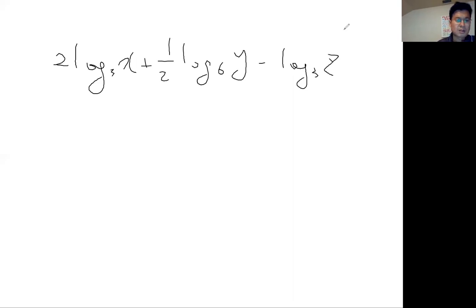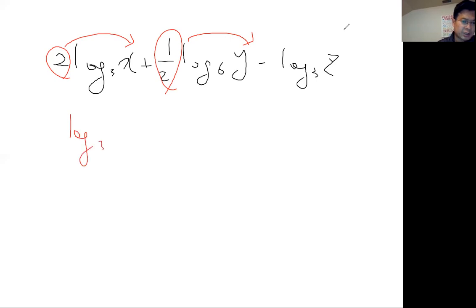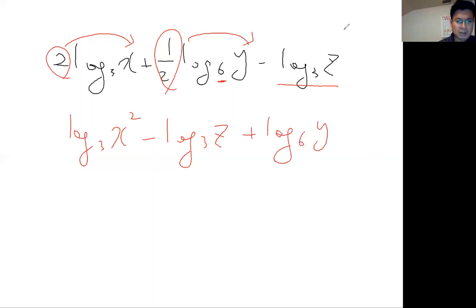So the first thing you can do is put this one up first, so that we can have all the same log. So log base 6 of 3x squared. Let's just put this one right after this to make it easier. And then log base 6 of y to the 1 half.